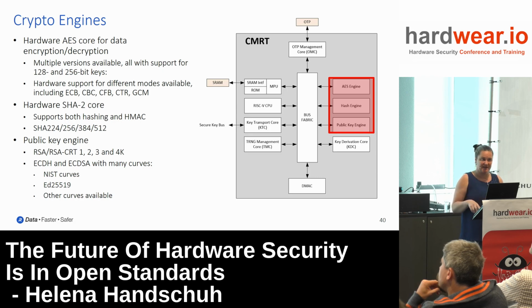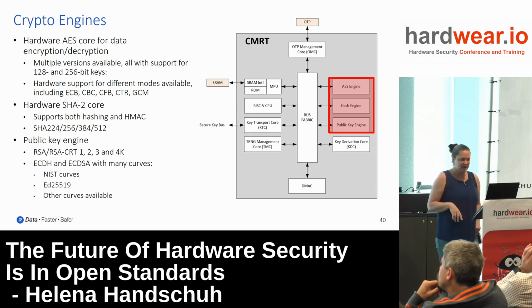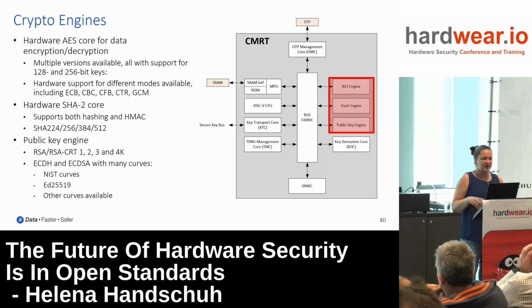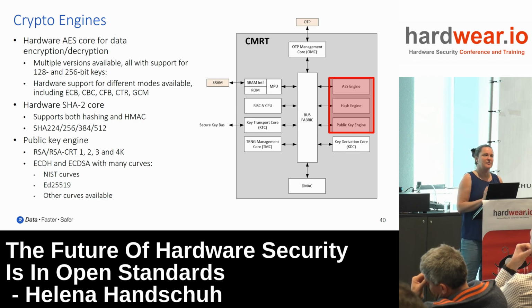We have obviously an AES engine, a hash core, a public key engine, so you can run public key cryptography, accelerate your math operations in a large integer world, and all of that. So you can read here on this slide which subset of crypto we've thrown in here so that you can do everything that's required, but not overloading the entire design.